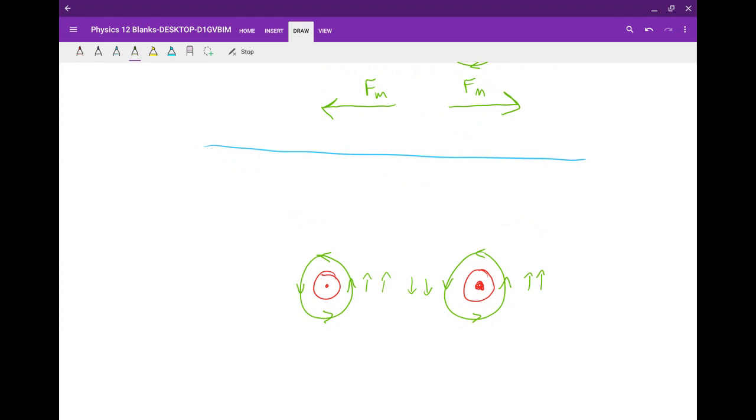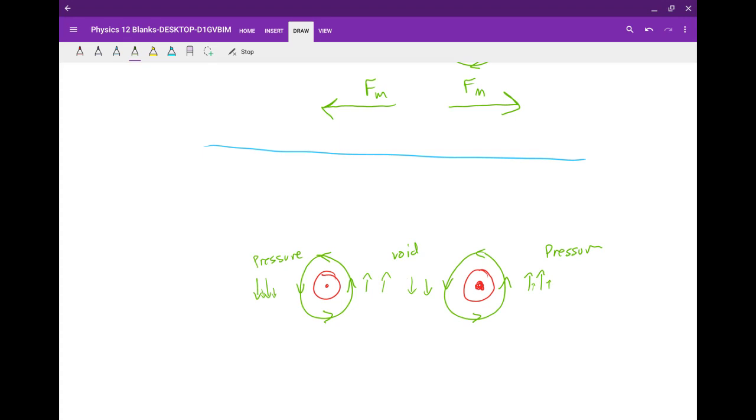Here I've got upward magnetic fields from the right wire, and the left wire also has upward magnetic fields, although they are weak. And then the same thing here. I've got downward magnetic fields from the left wire, and the right wire will produce, remember, it has big sweeping circles here, downward magnetic fields, though weak. And so basically I've got now a pressure here and a pressure here, and actually a void here, because these magnetic fields cancel each other out.